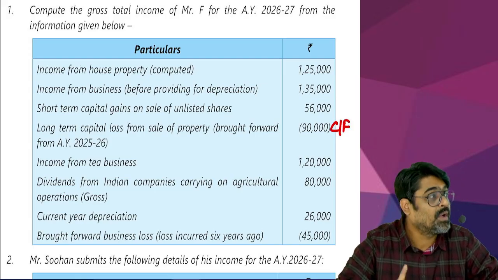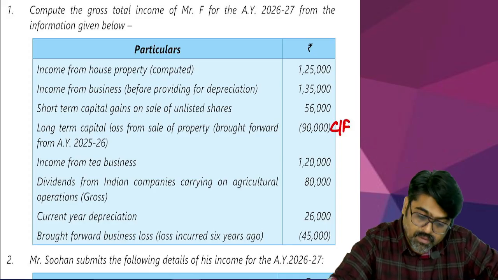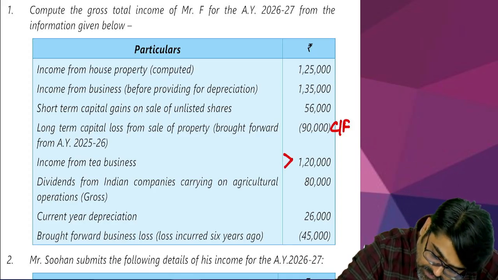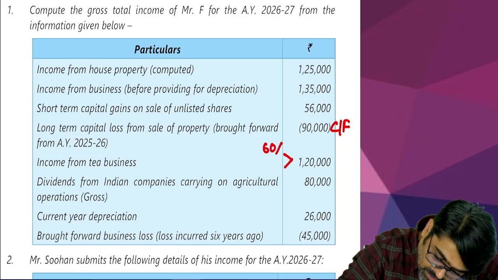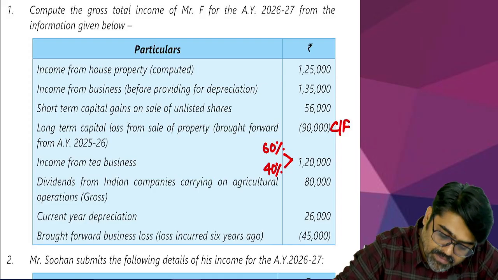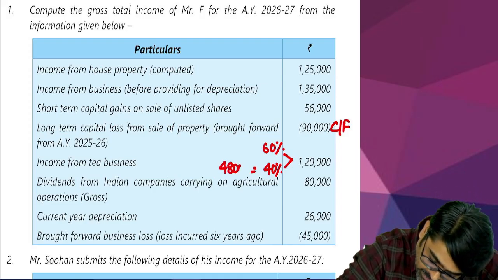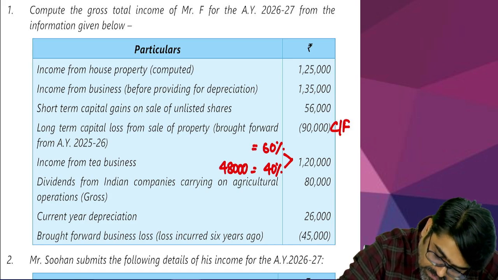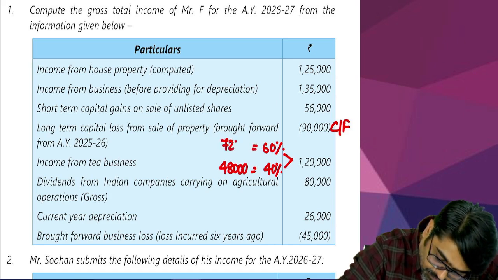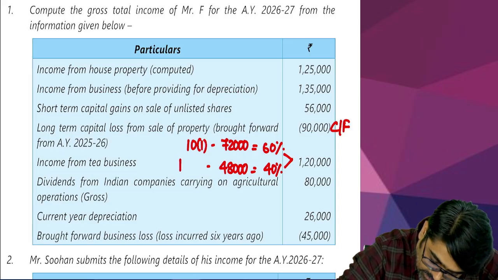So as per Rule 8, we are doing a split of 60-40. So out of that, 60% will be your agricultural income and 40% is your PGBP. So 40% is 48,000 and 60% is exempt under 10(1) and this will be your PGBP income.